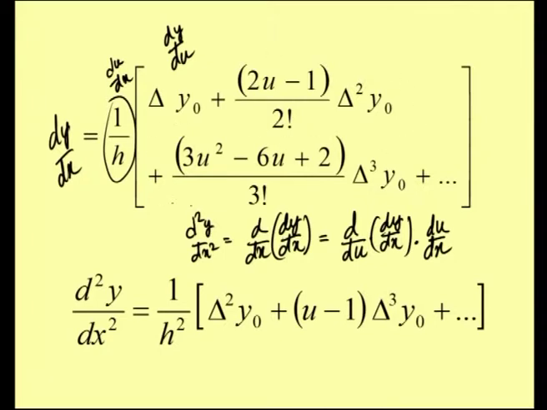Differentiation of this again with respect to u gives you d square y by du dx, that is differentiation of del y naught is 0, and differentiation of 2u minus 1 by 2 factorial is 2 by 2, which is 1. So, del square y naught plus differentiation of this particular part, 6u minus 6 by 3 factorial, which is 6, del cube y naught. 6 is taken commonly outside and cancelled with the denominator, you will have only u minus 1 into del cube y naught plus etc.